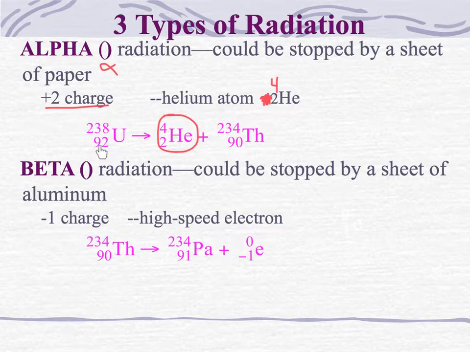So if it's 92 on the bottom and it releases a helium atom, then that's why it's 90 on the bottom here, which corresponds to thorium. If it's 238 on top, and this is already 4, then the mass of the thorium must be 234. Once again, it could be an isotope of thorium, so that mass may not necessarily match what you see on the periodic table.